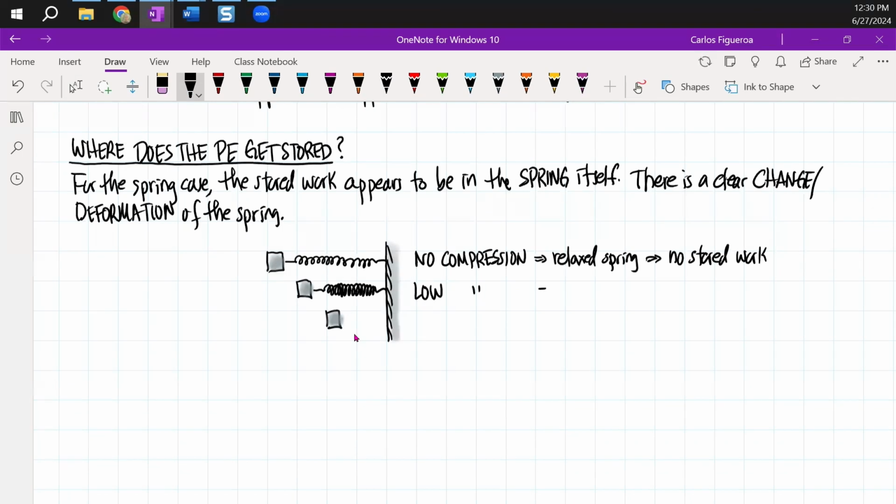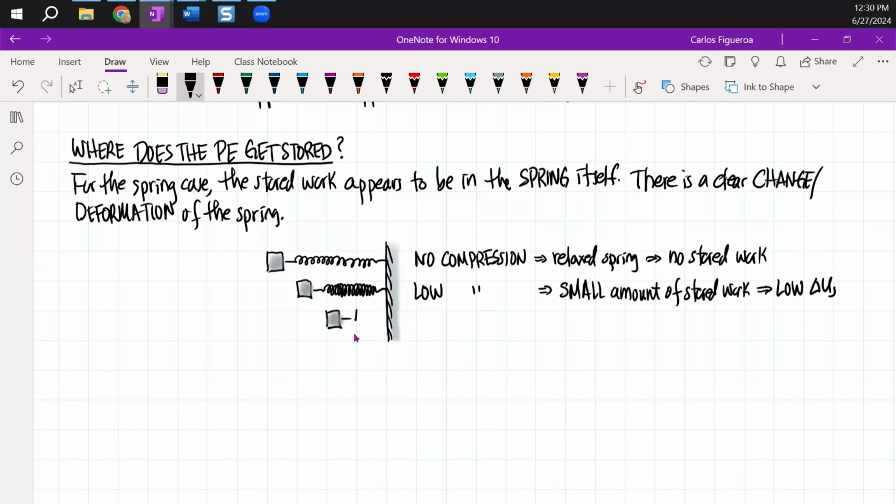So now what we're seeing here is that we have a small amount of stored work. So we say this is low potential energy of the spring.